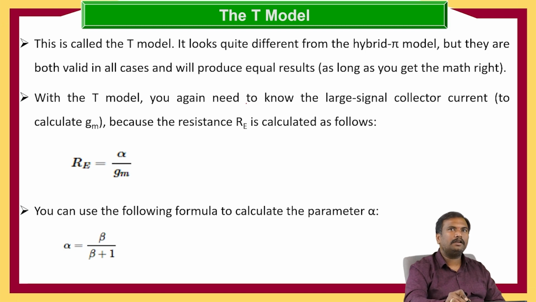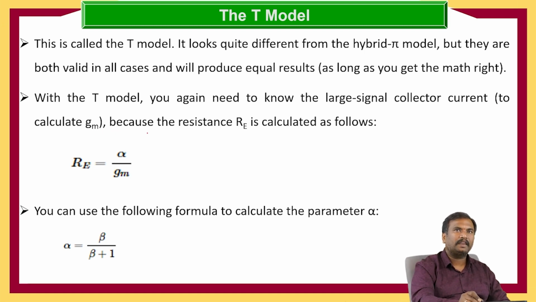With the T model, you need to know the large signal collector current to calculate GM, because the resistance RE is calculated as RE equals alpha by GM. You can use the following formula to calculate the parameter alpha, where alpha equals beta by beta plus 1.